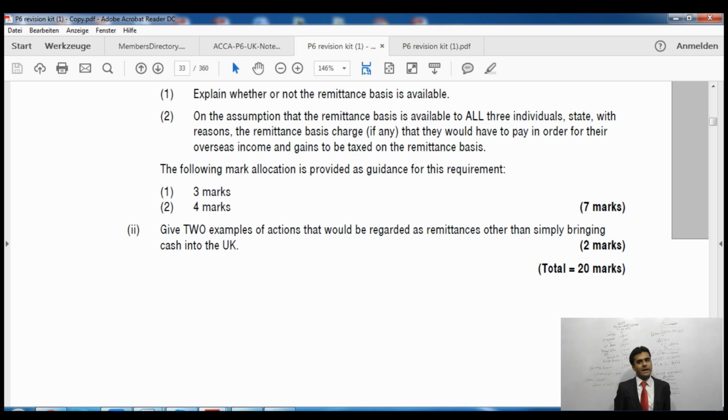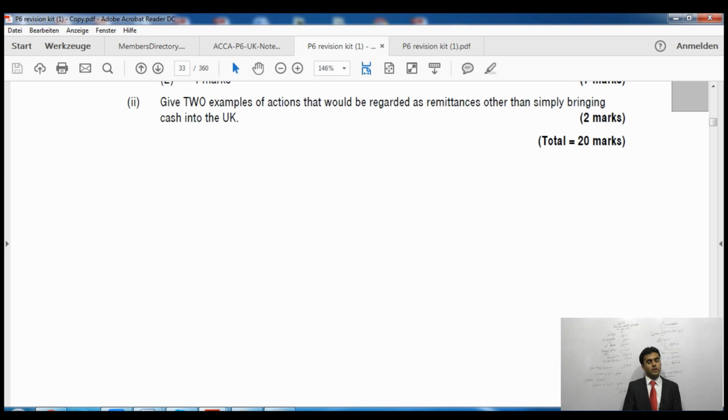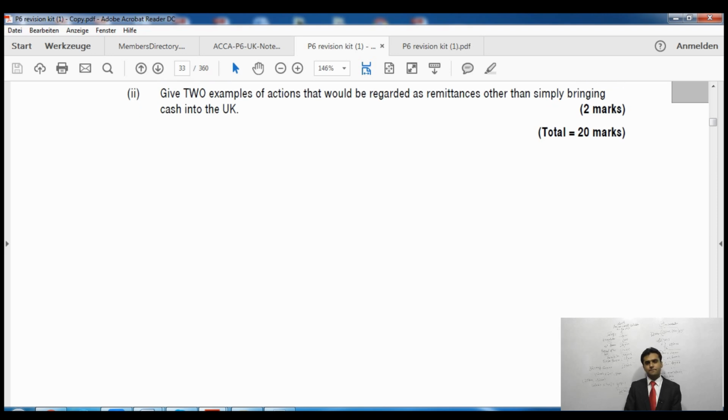Like if you buy an asset overseas and you bring that asset to the UK, that is remittance. Or you take services in the UK and you pay for them from the overseas money, that is also remittance. And another thing is that you take a loan in the UK and you use it for your benefit in the UK, and interest on that loan is paid from the money which is overseas.